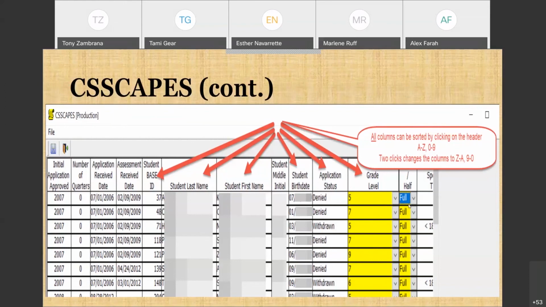If the student's now full-time and they were half-time, you need to go ahead and make those changes. You'll also notice that for any of the columns in the header at the very top, you can do some different sorting by double clicking them. So you can play with this information, at least as far as sorting goes, so that it'll be a little bit easier for you to do your verification.